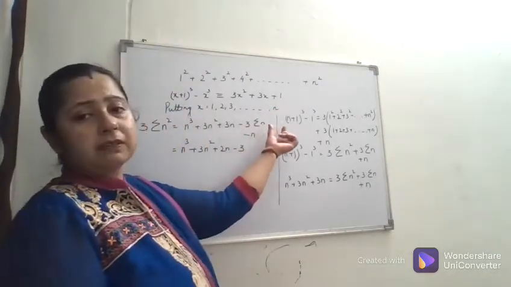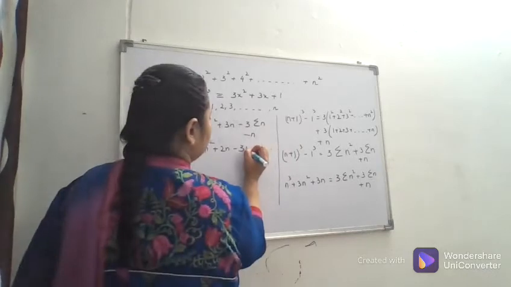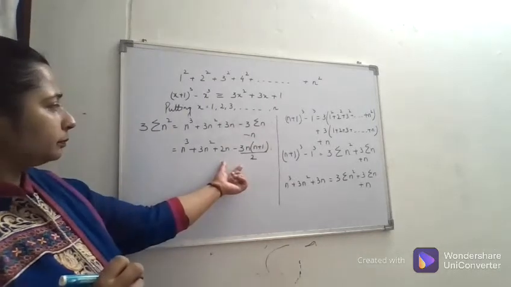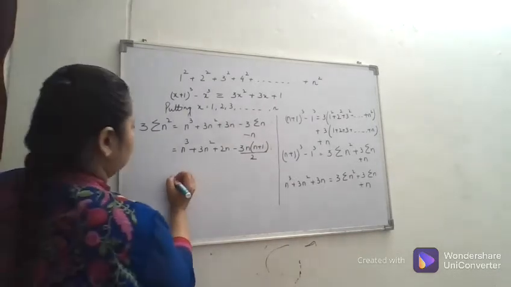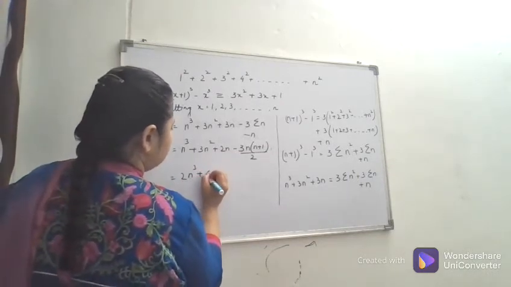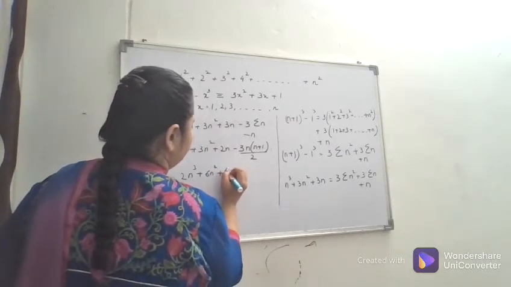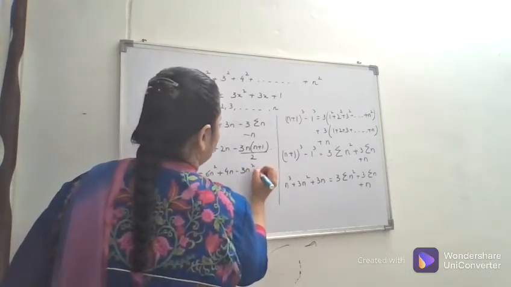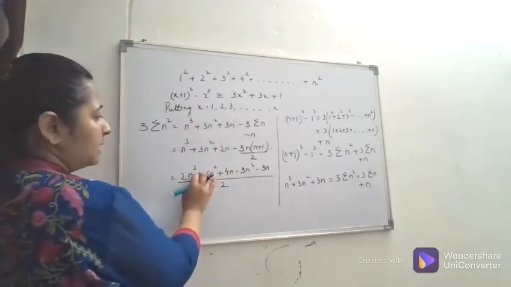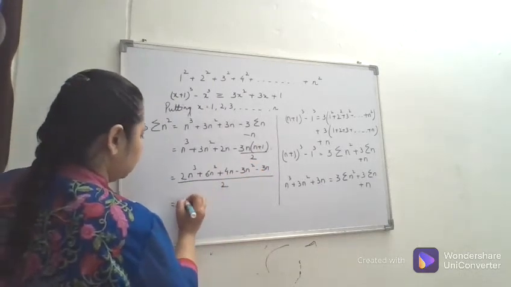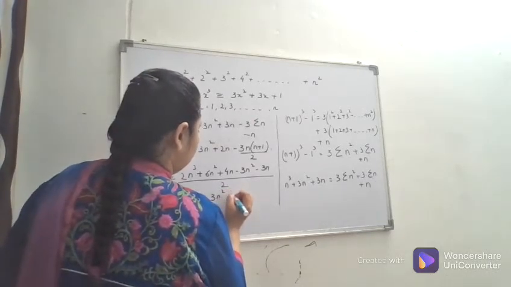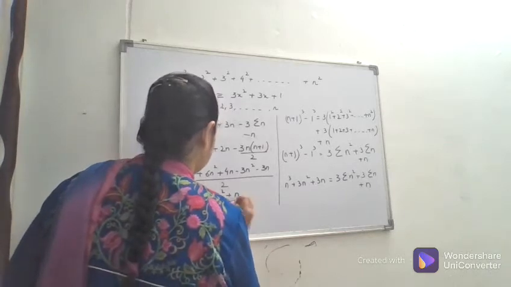We know the sum of natural numbers is n into (n plus 1) by 2, isn't it? When you get this, just take an LCM. We get 2n cube plus 6n square plus 4n minus 3n square minus 3n, divided by 2. 6n square minus 3n square is 3n square, so we get 2n cube plus 3n square plus n, by 2.